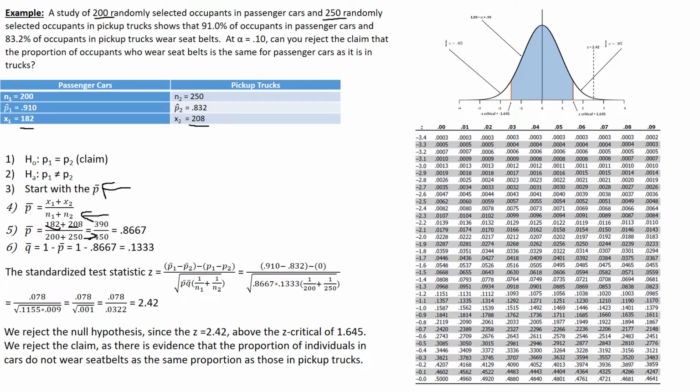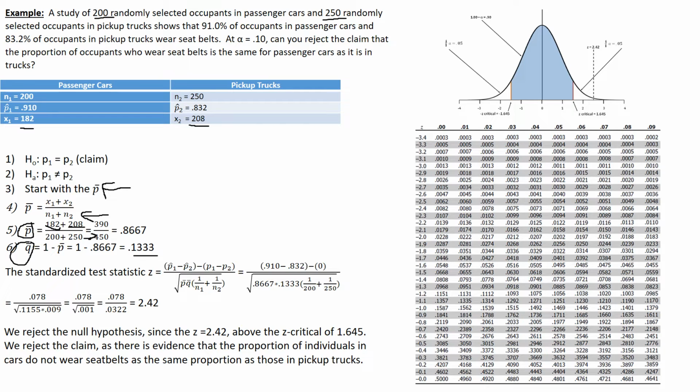So our successes here are 182 plus 208, which is 390, divided by the 450 for the population, which is 0.8667. That's our p bar, our population p. If our p bar is 0.8667, our q bar, our failure rate, is 1 minus 0.8667, which is 0.1333.